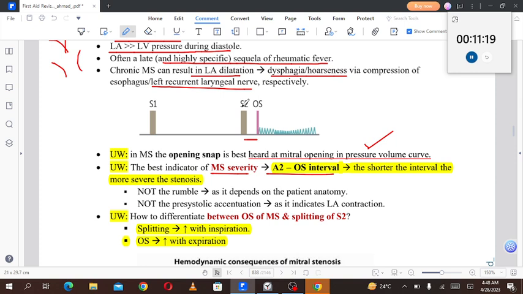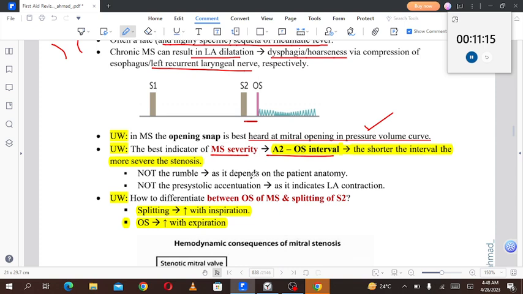The shorter the interval, the more severe the stenosis. Not the rumble, as it depends on the patient's anatomy, and not the pre-systolic accentuation, as it indicates left atrial contraction.